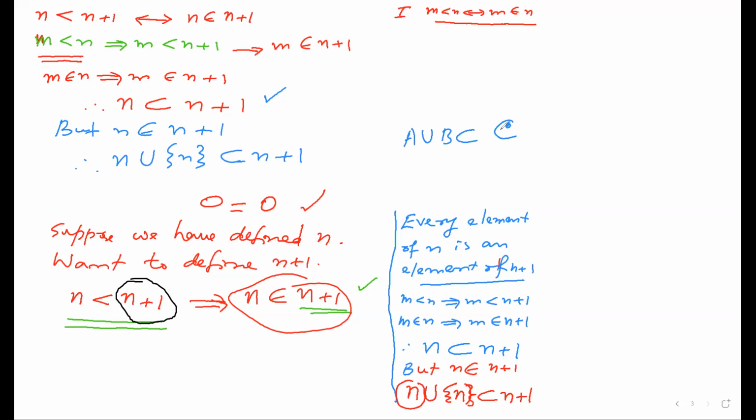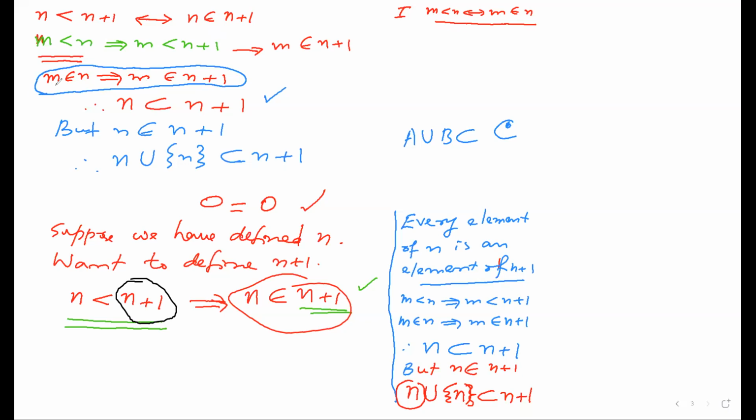Swasti? I have a proof. Can I tell a proof? Yes. Okay, so every element in N is in N plus 1. Where do you get that? You got it from here.